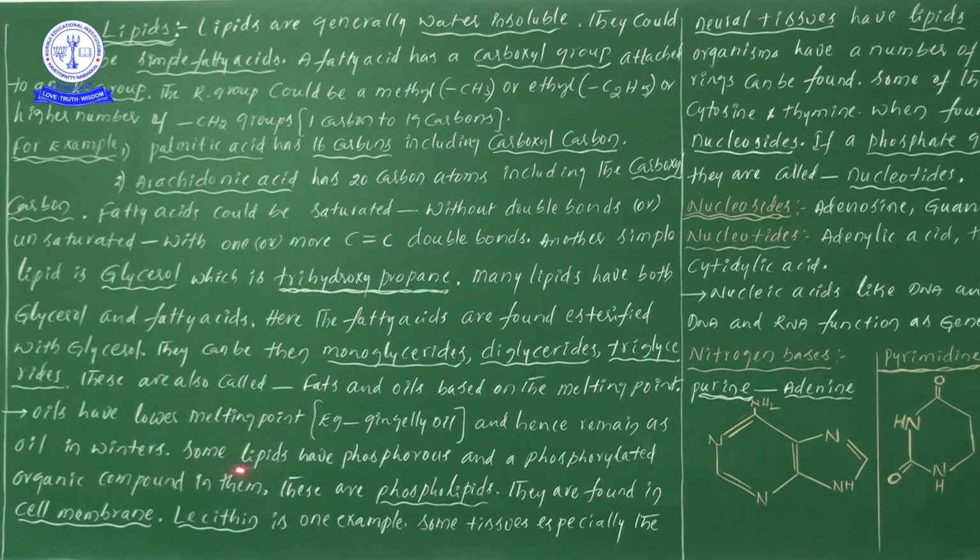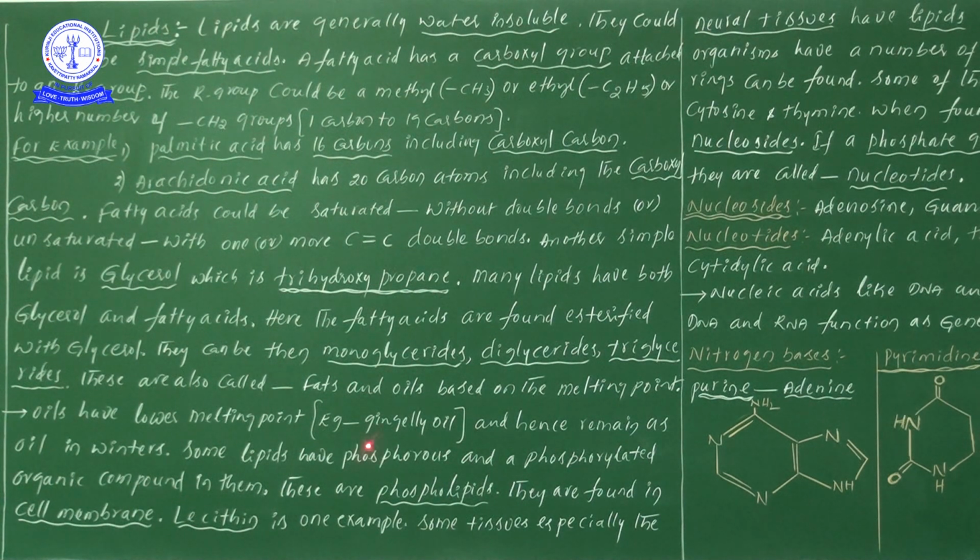Next one, some lipids have phosphorus and phosphorylated organic compounds in them. Some other kind of lipids, we will be considering as compound lipids. So phosphorus is there and a phosphorylated organic compound is there.